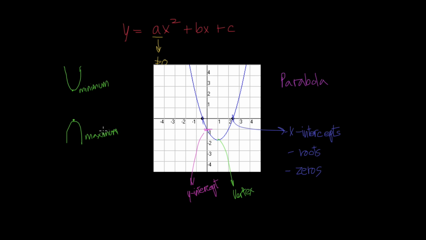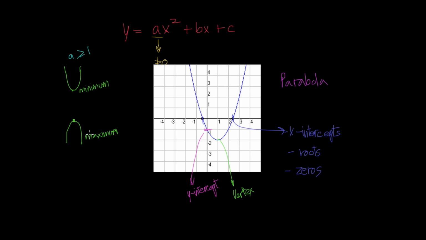Okay, so to find the minimum and the maximum, the process is exactly the same. But what really changes this is a. If a is positive, so greater than or equal to 1, because remember it cannot be equal to 0, then it opens upwards and we get a minimum point, because the graph cannot go below this point.